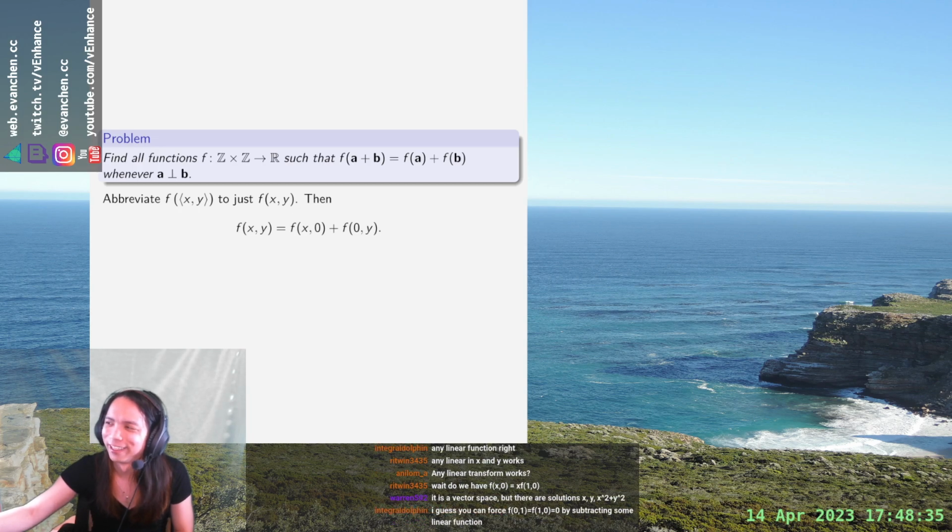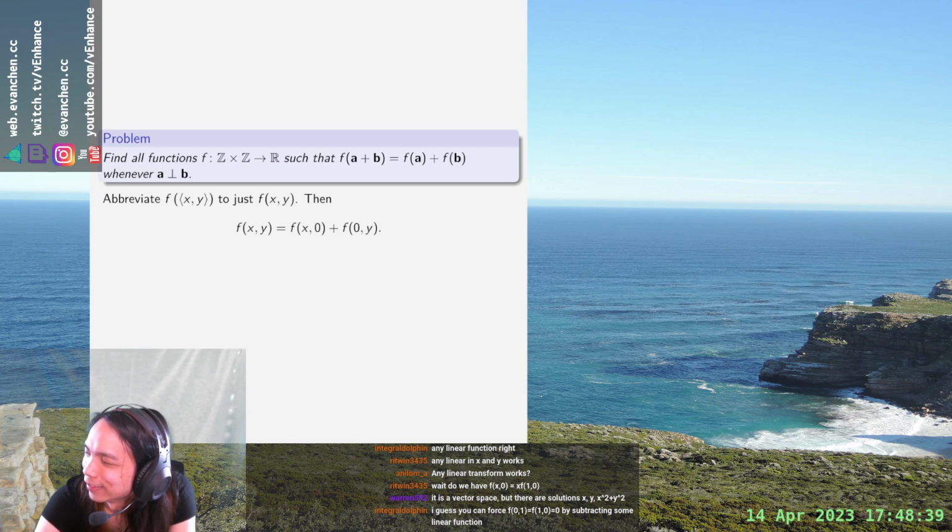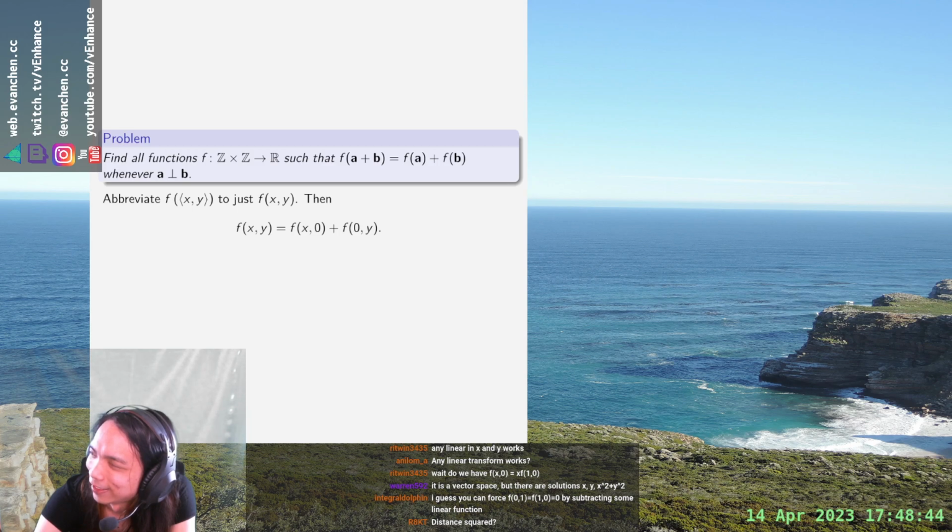There you go. Yeah, I was like, there should be more solutions because linear works and, oh god, absolute value works. Okay. Yeah, that would do it.